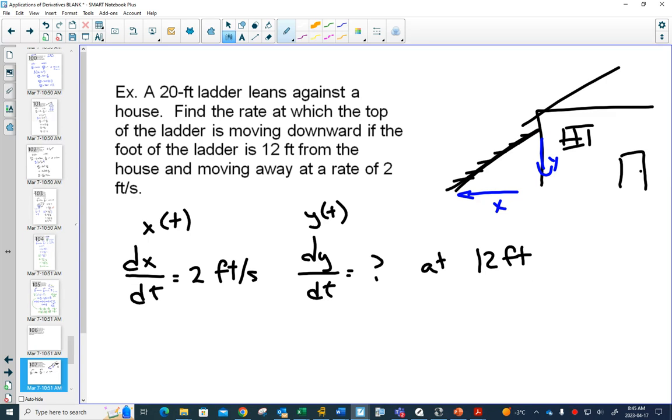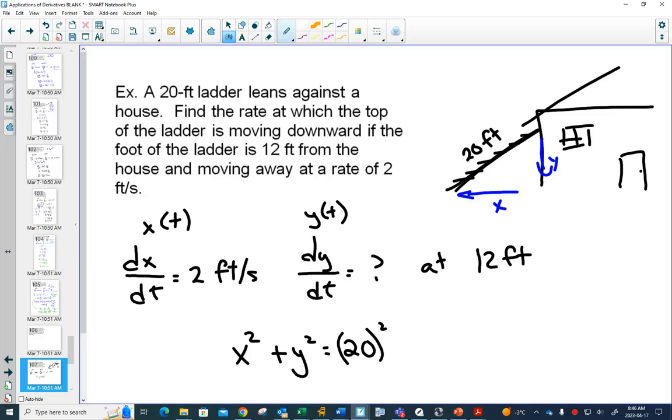And notice in this one, there is no dz dt because z, or the hypotenuse, is always 20. So in setting up our equation here, again, it makes another right angle triangle. But this time we can plug in a value for z because the hypotenuse is always 20.